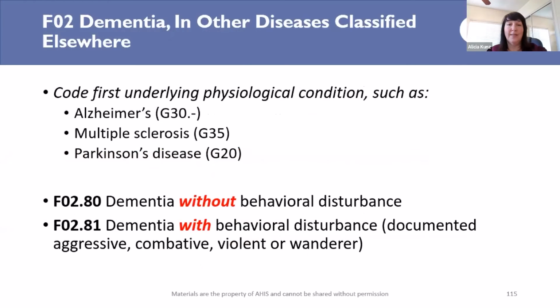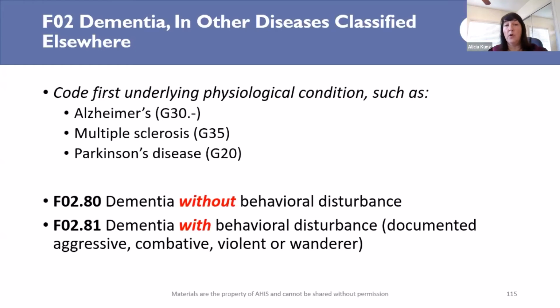F02 dementia codes is dementia in other diseases classified elsewhere. These are the dementia codes you're going to use when you have somebody who has an underlying documented reason for the dementia. Maybe they have Alzheimer's or MS or Parkinson's. Remember earlier we were talking about what gets coded first. The underlying reason will be first.